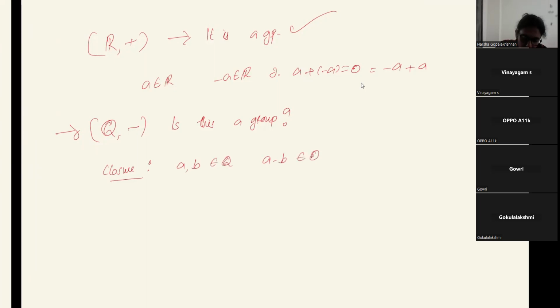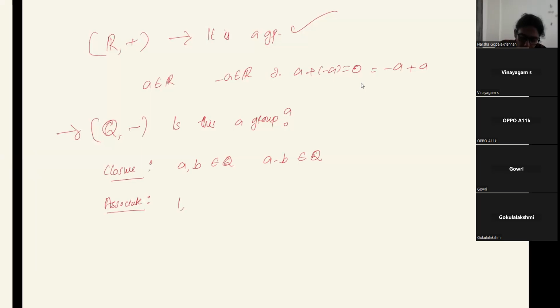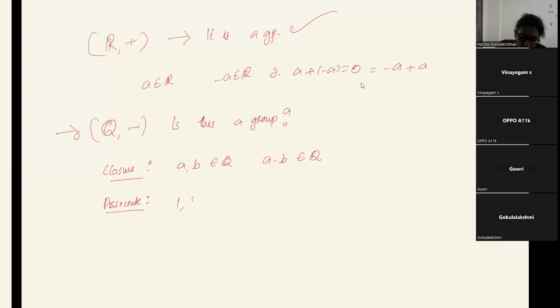Now we need to check associativity. Let us take an example with subtraction, 1, 2, 3 in Q. What is (1 minus 2) minus 3? That is minus 1 minus 3, which is minus 4. Now what is 1 minus (2 minus 3)?